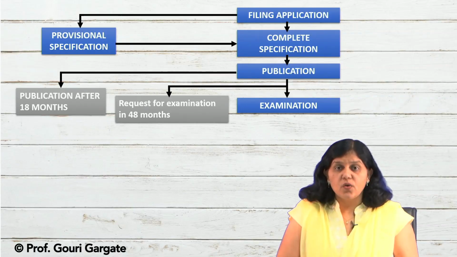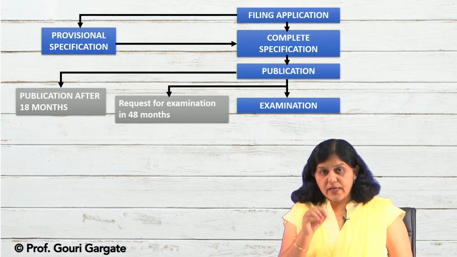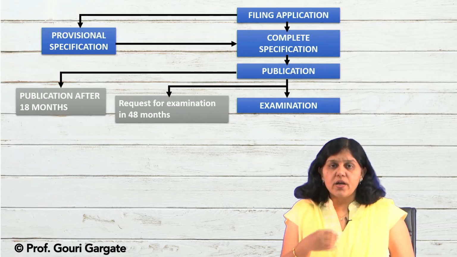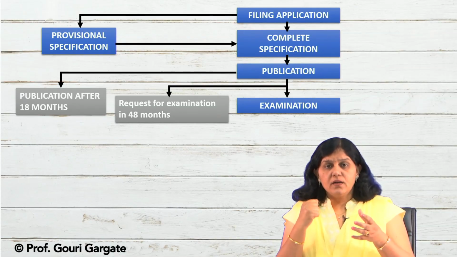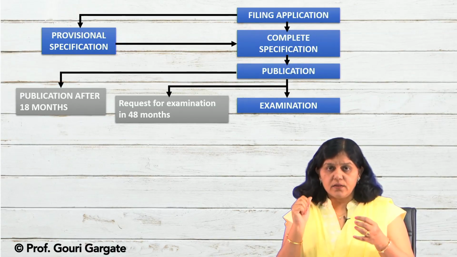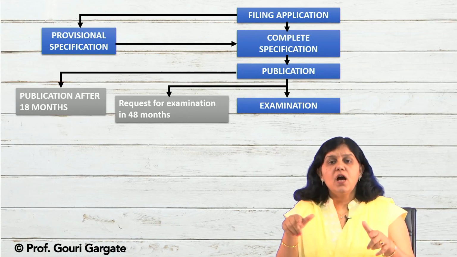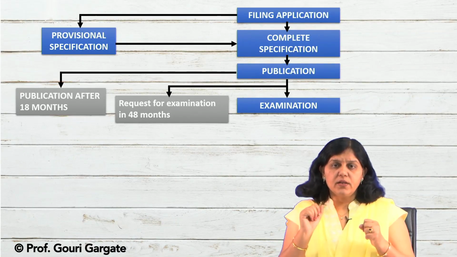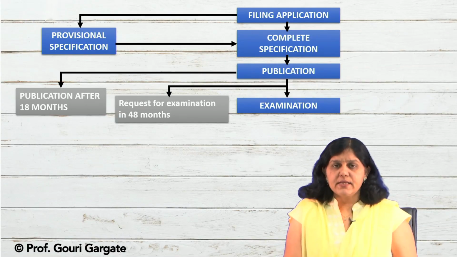Next, he will check the drawing sheets. There are rules, regulations and guidelines on how the drawings should be made. What is the size, the font size used in the patent document, what is the spacing, how the drawing number should be given, how the name of the applicant should be written, all these guidelines are there.